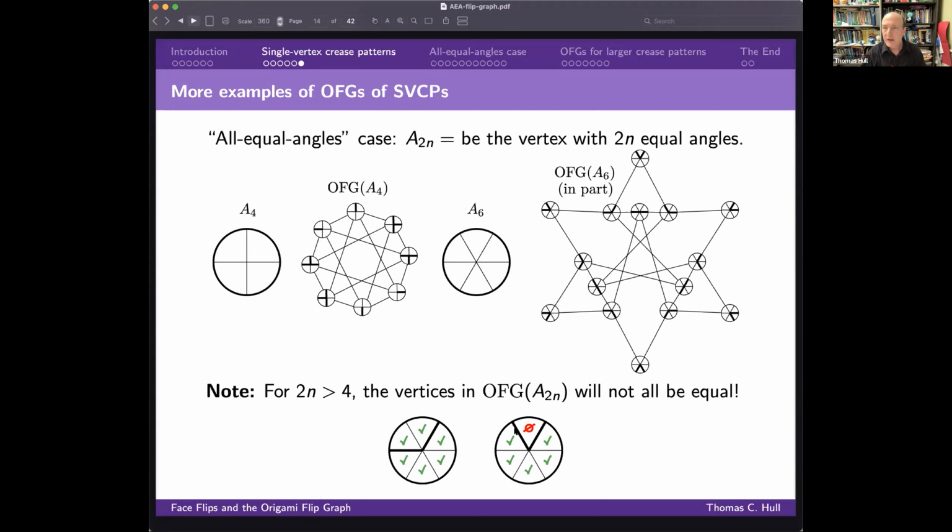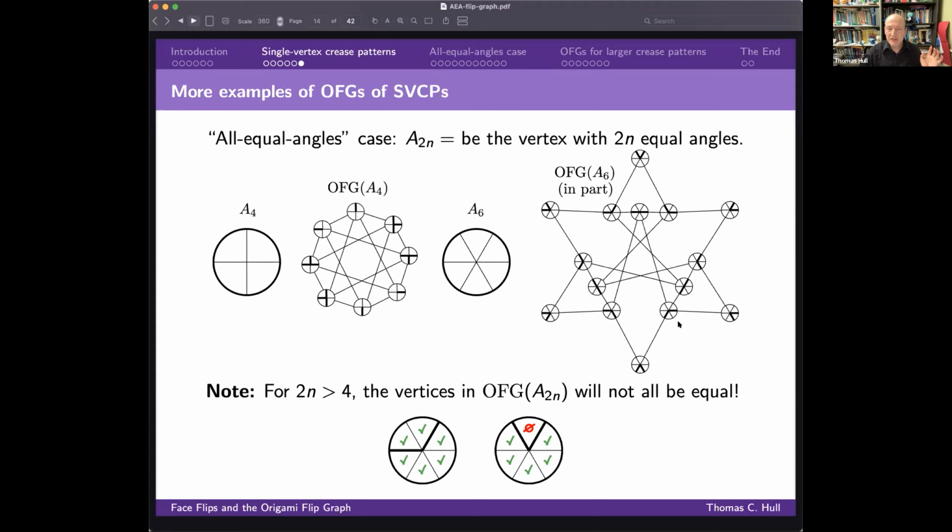You can't do that. So this vertex has degree 5 in the origami flip graph, whereas this vertex has degree 6. And so you start getting vertices of different degrees in this case.